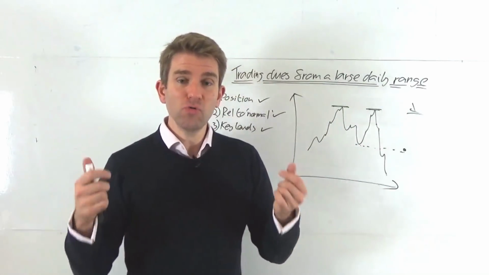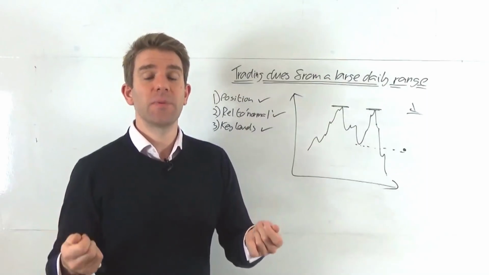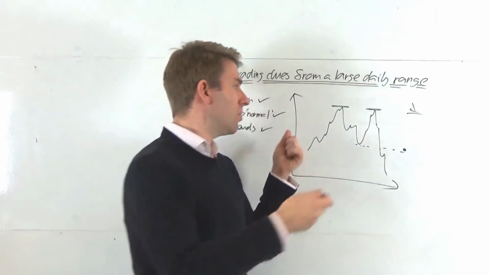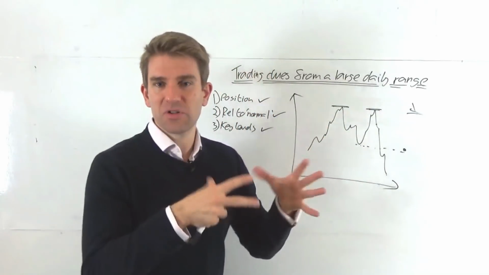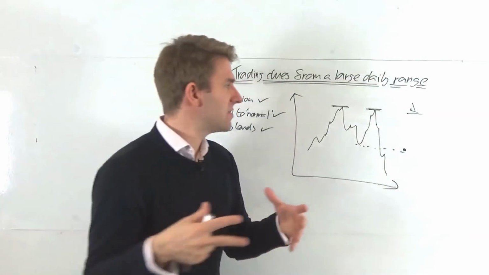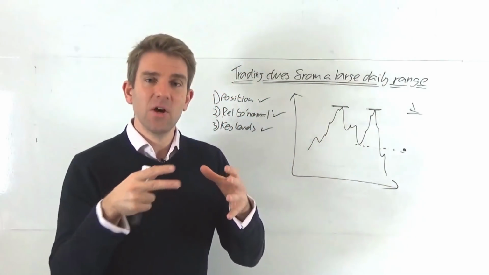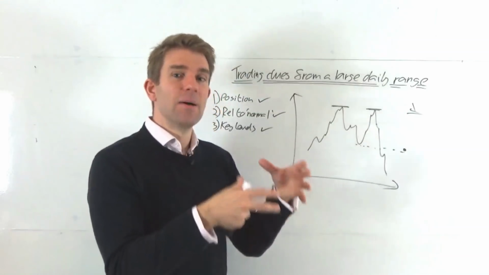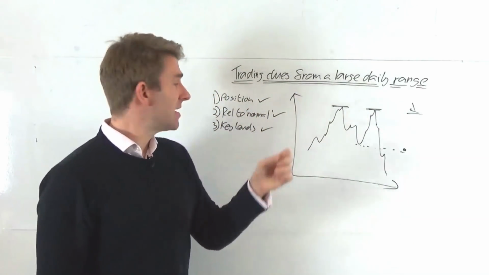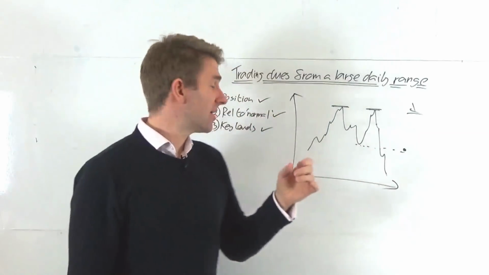If there's an unusual range, it means that people are participating, which means there's likely to be more weight for our setups. Now, let's not go into intricacies here about whether we're going to mean revert, whether we're going to follow the trend. But what we want to say is that when our setup occurs, more weight is now added to it if we've got the position ticked, if we've got relative to normal ticked.